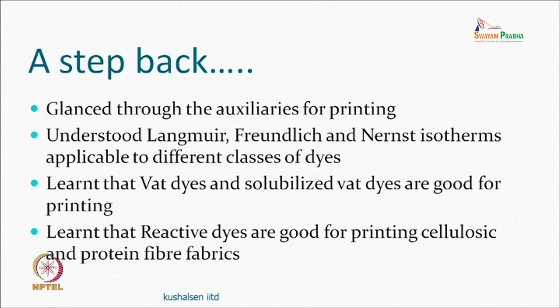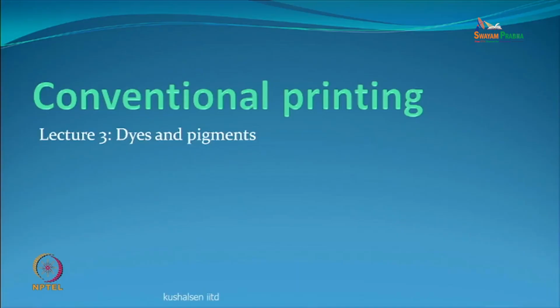In fact, we can spend a little more time here again just to recollect as to what can be done with reactive dyes. So we continue with our journey, and we'll consider more dyes and pigments which are used in the conventional printing system, which are likely to give good fastness properties after printing.